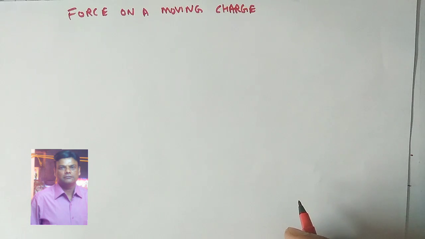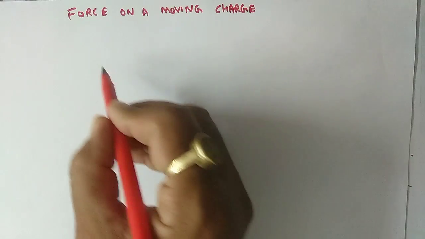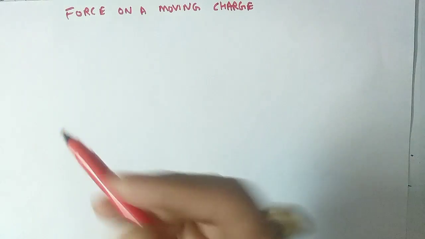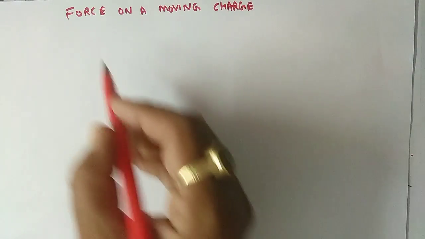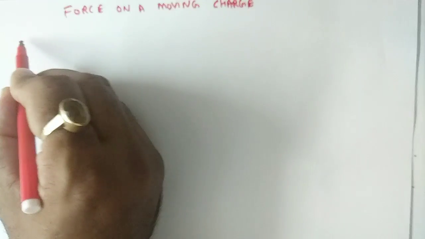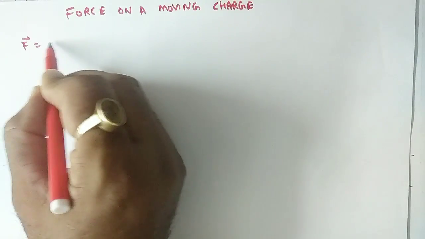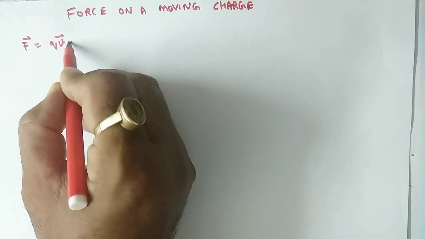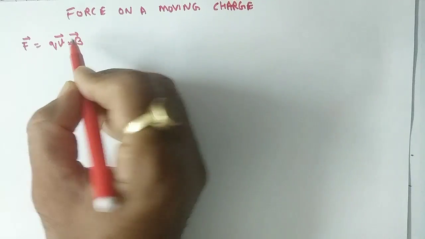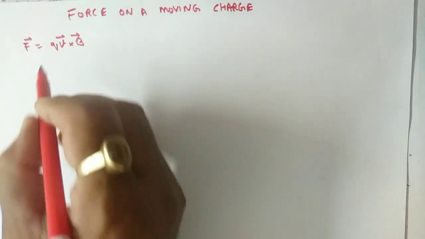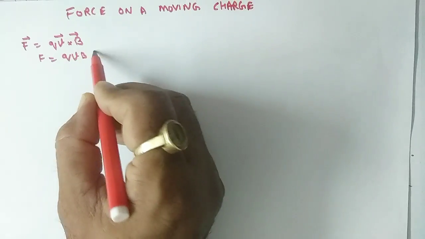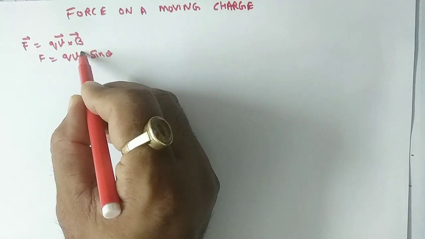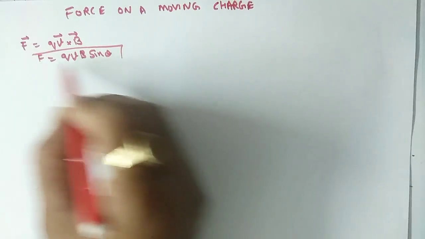If we consider the charged particle enters a magnetic field of intensity B with velocity v, then the deflecting force is given by F = Qv × B. In other words, you can say F = QvB sin θ. So this is the deflecting force.